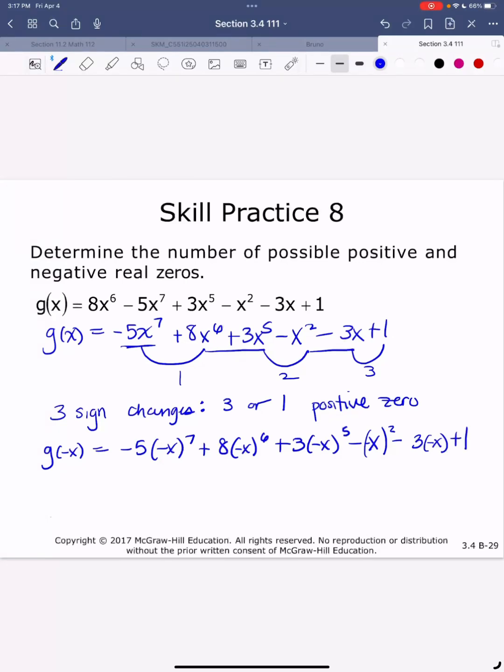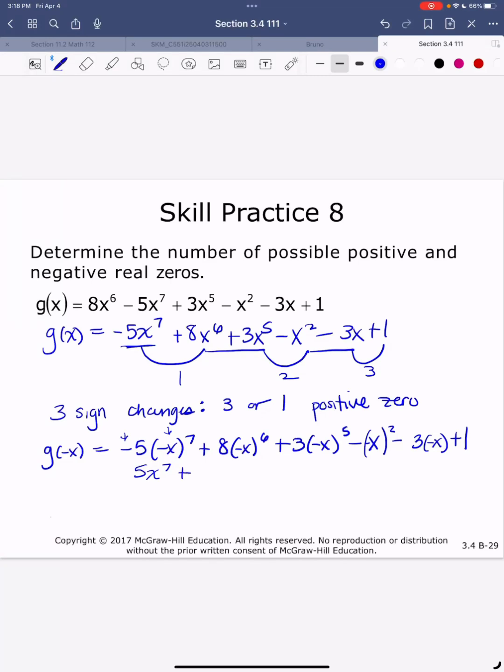Now I just want to check that I put my negatives everywhere that I needed them. And okay, now let's clean up. I know that an odd degree, like 7, is going to keep that as negative x to the 7th. But the two negatives, this negative and that, make it positive. So I've got a 5x to the 7th.